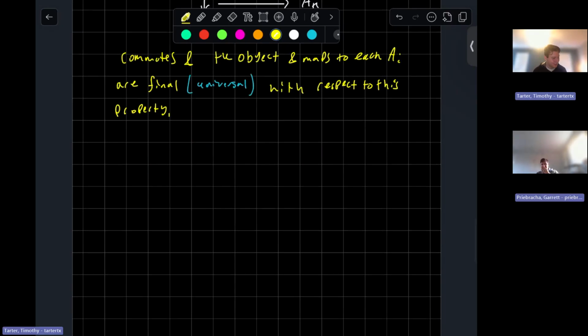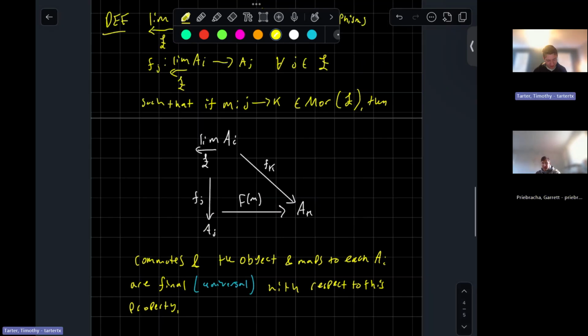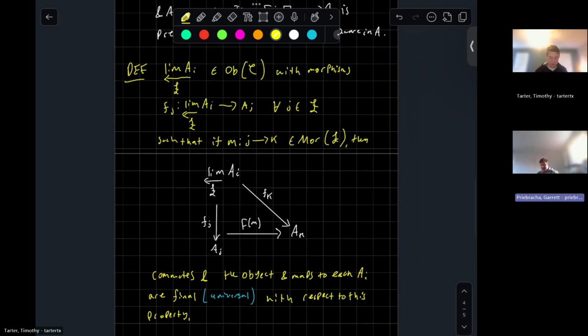Hang on, can I get this definition down real quick? Just the last part of it, sorry. Let me just read through the more precisely: given any other object W with maps to A_i commuting with the functor of M. What is M? Oh, M is a morphism from J to K in the indexing category.